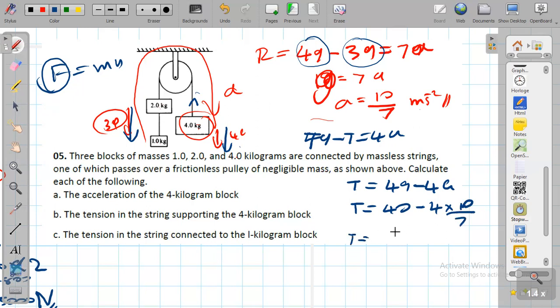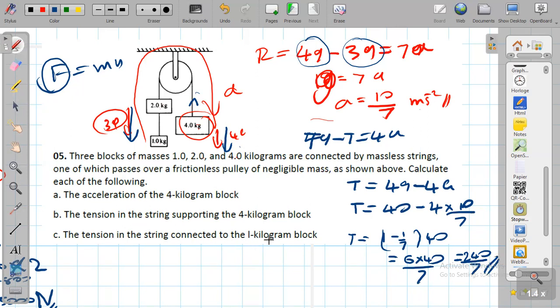That means I can get 40 minus 40 over 7, so 6 times 40 over 7. It's 240 over 7. Just keep it.